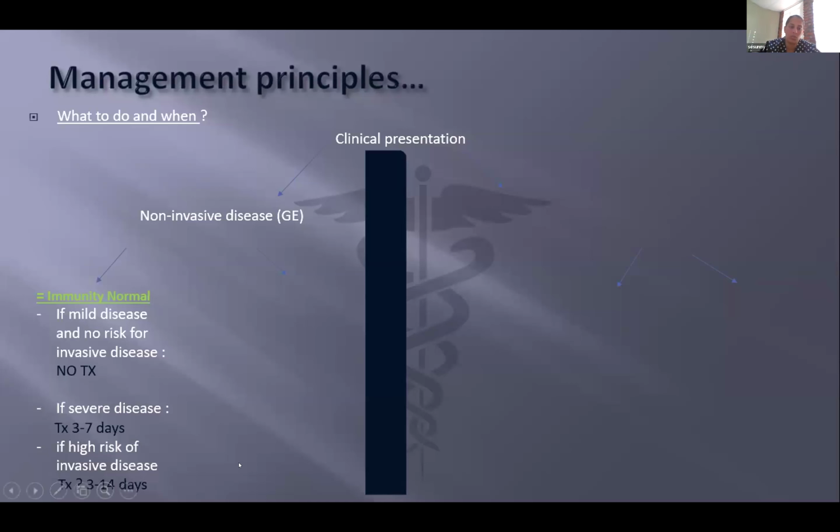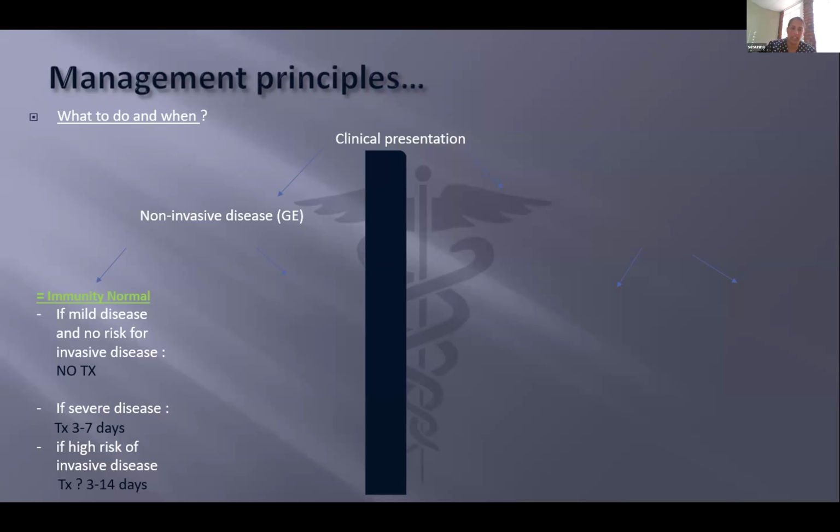And then there is the group with high risk of invasive disease, and this is patients who are at the extremes of age, and patients who have risk factors for endovascular infection. So for example, if you do the non-typhoidal vascular infection score and find that they may have a high risk of developing endovascular infection, or they have prosthetic devices, then there is some debate about whether you can treat them because they are at risk of developing severe invasive disease.